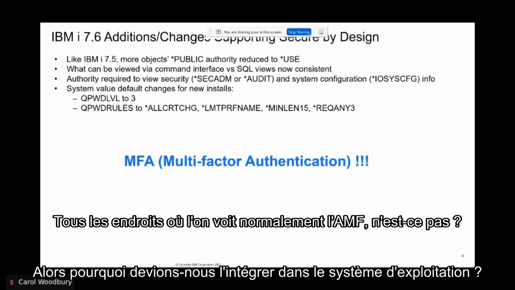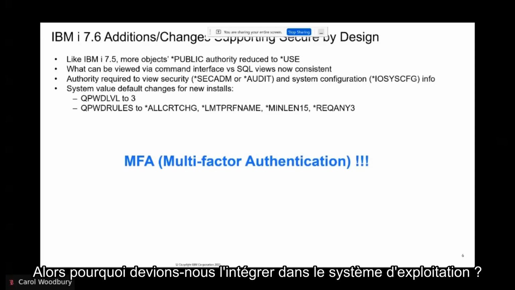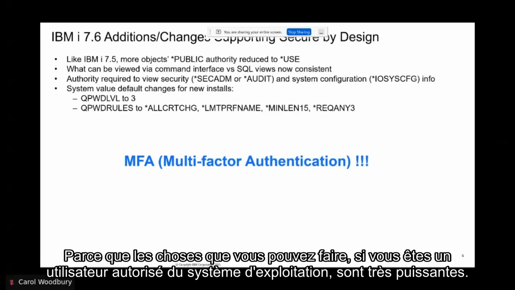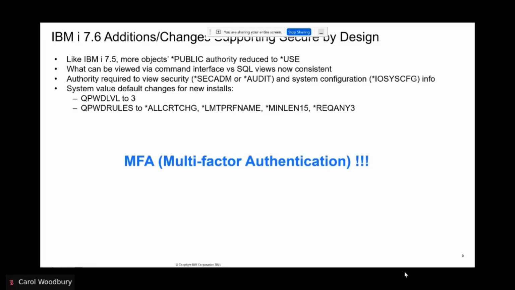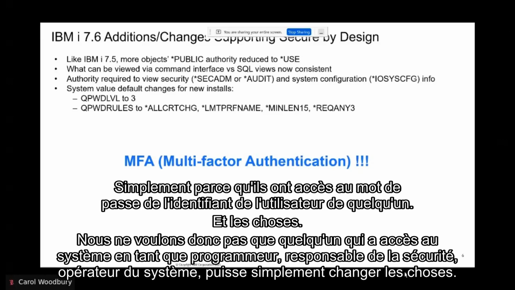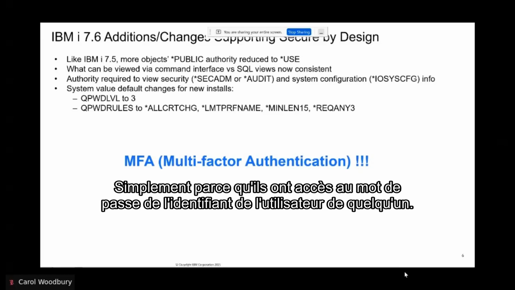Well, because the things that you can do if you are an authorized user to the actual operating system are very powerful. So we don't want somebody who has access as a programmer, a security officer, a system operator to be able to just change things, end things, just because they only have access to somebody's user ID and password.